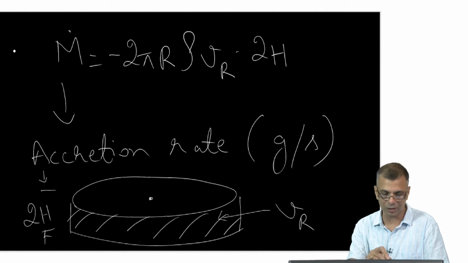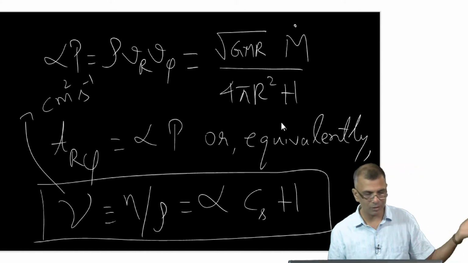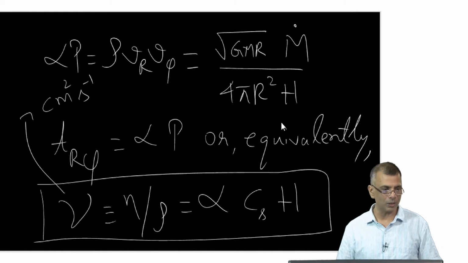So that's all this equation is telling you, and this was used in eliminating V sub r, and that's how you get this equation. So this is the azimuthal momentum equation, and that pretty much finishes our discussion of the momentum equation.